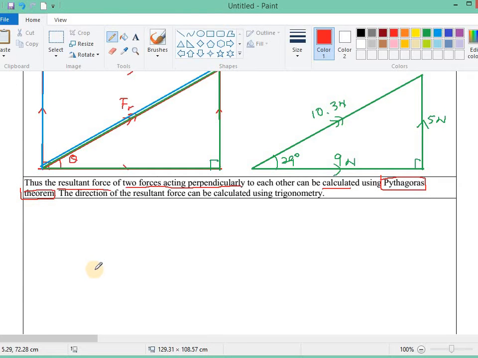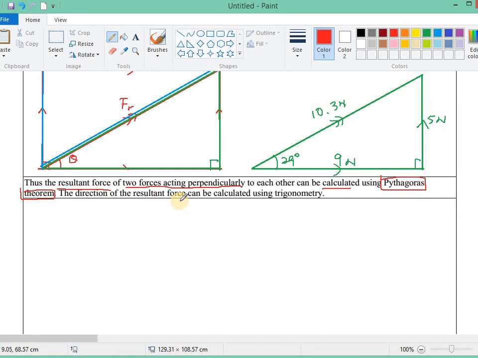Because it's a right angle triangle, we can calculate the length of this diagonal line by using Pythagoras theorem.